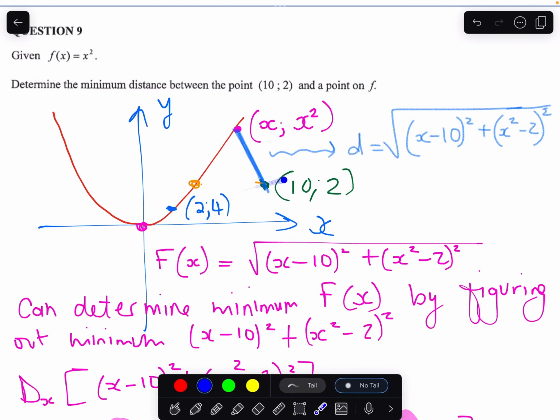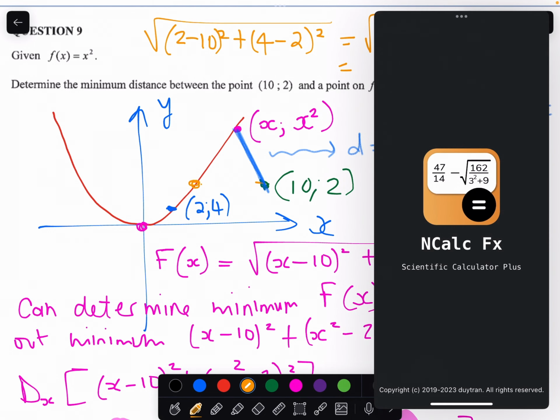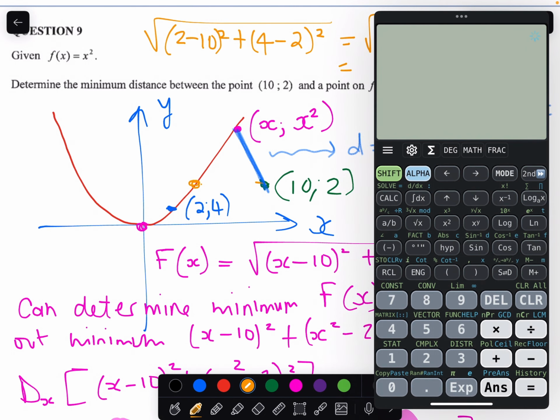The distance between these two will be the square root of (2 minus 10) squared plus (4 minus 2) squared, which is 8 squared, 64, plus 4, which is the square root of 68, for which I will request assistance from the calculator that is currently sleeping.